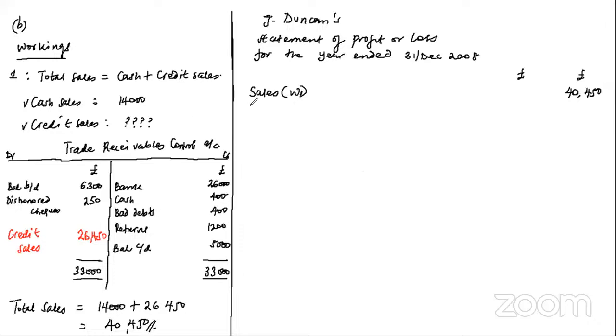But of course, we have some sales returns, so I'll say less sales returns. Our sales returns is 1,200. When you get 40,450 minus 1,200, you come up with a net sales figure of 39,250.